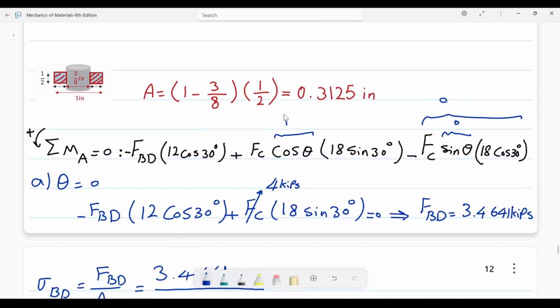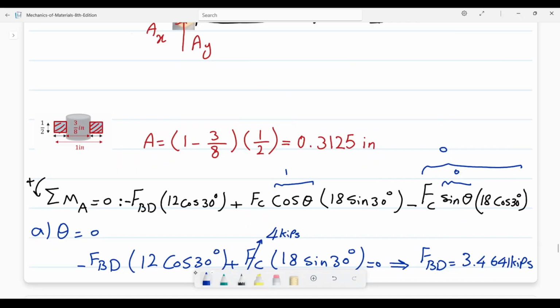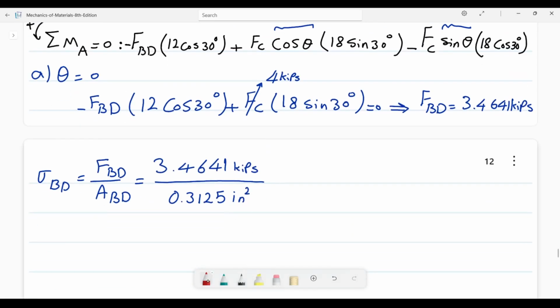Here we have 0.3125 square inch. I forgot the square sign here, and that's approximately equal to 11.08512 ksi.